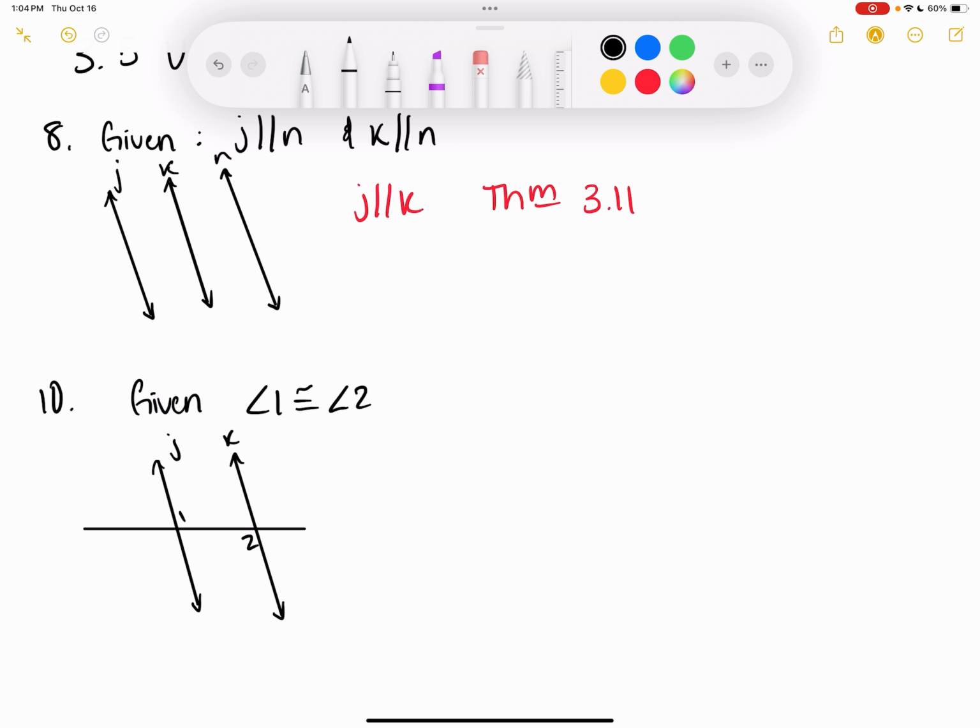So we're told that angle 1 and angle 2 are congruent to each other as the given, and we're trying to prove that J is parallel to K. What would make that true? Yep, the alternate interior angles converse. So remember, the converses are what is proving to us that lines are parallel, in case you're mixing them up.